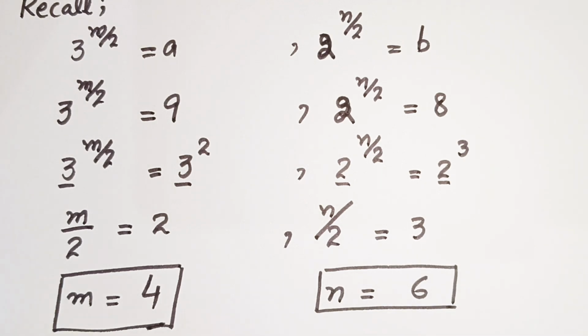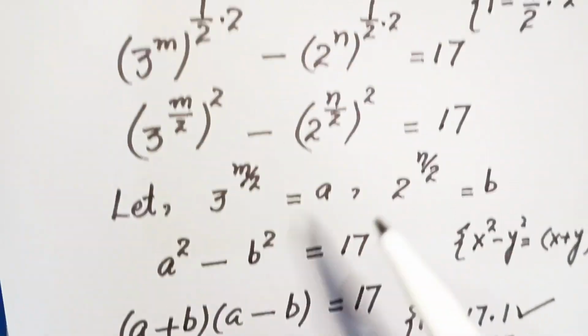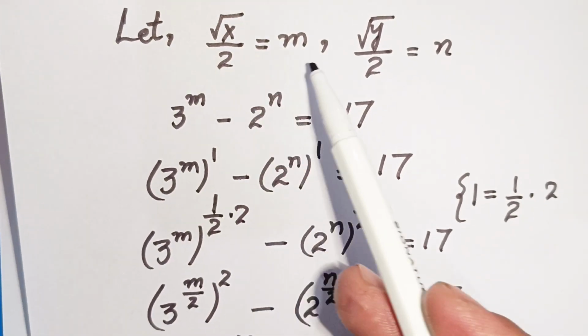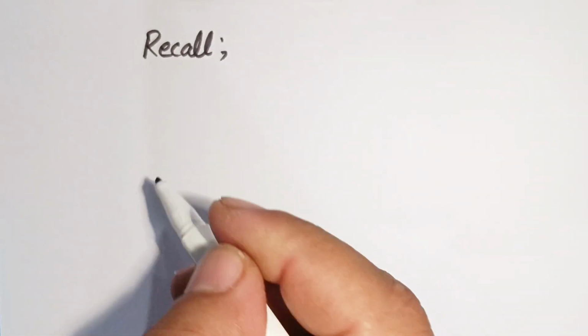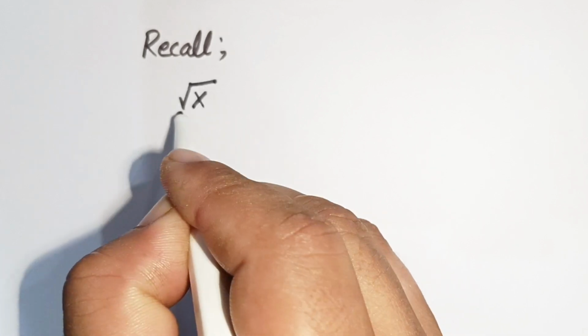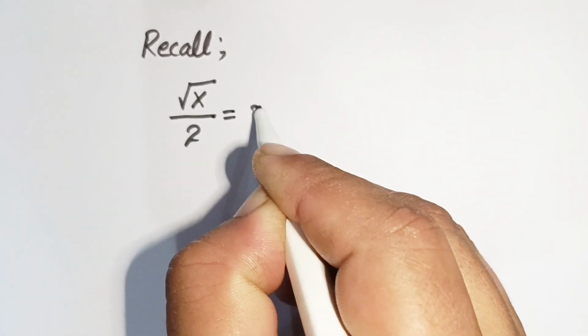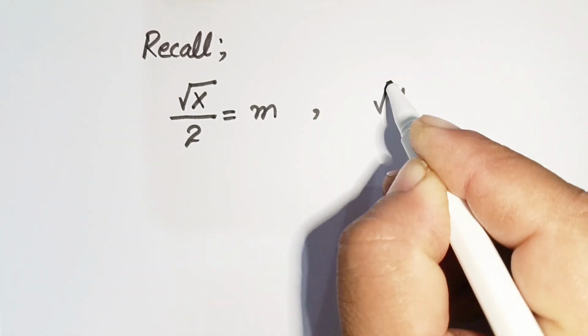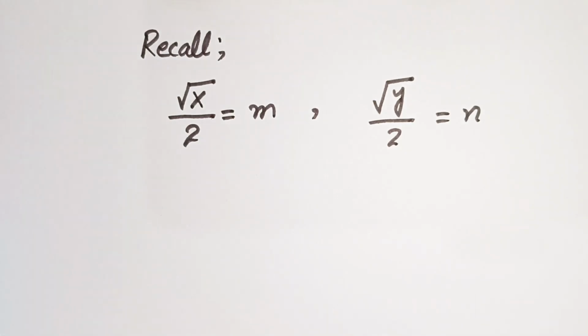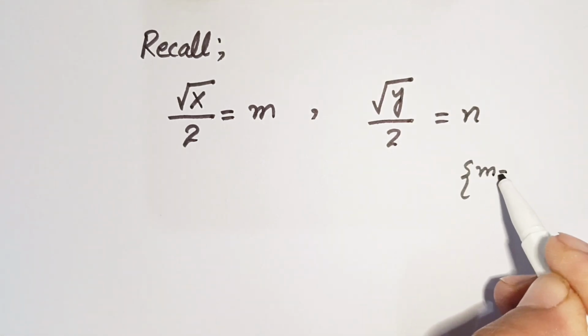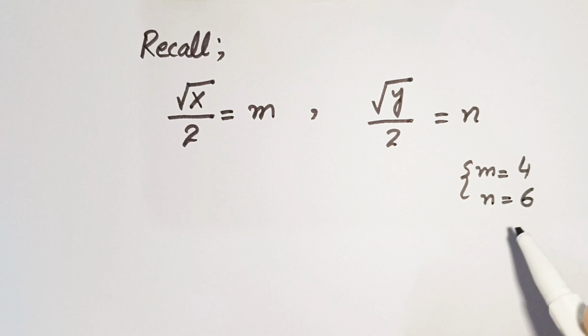Now recalling our position, we have square root of x over 2 is equal to m, and square root of y over 2 is equal to n. We have the values of m and n: m is equal to 4 and n is equal to 6.